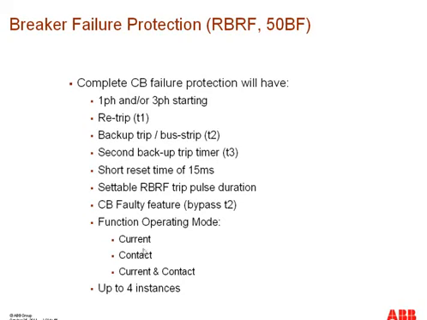That can be a contact where you can take care of the breaker failure protection with regard to the auxiliary contact of the breaker, or it can be an AND condition between the current and the contact.